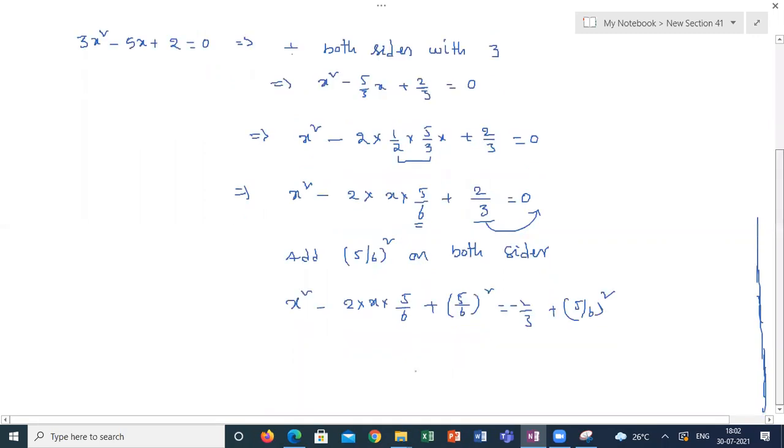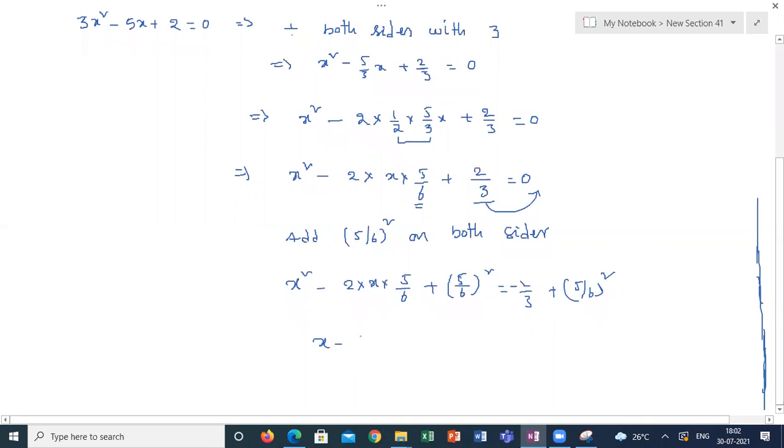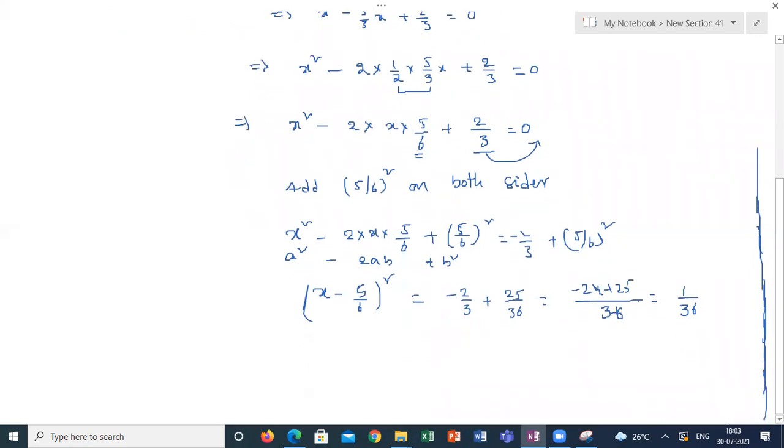So this gives x minus 5 by 6 whole square, because this looks like a square minus 2ab plus b square, equal to minus 2 by 3 plus 25 by 36. Taking LCM 36, this is minus 24 plus 25, which is 1 by 36. Now it is ready to solve.